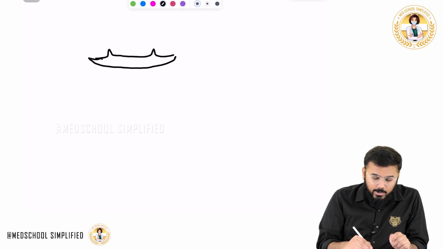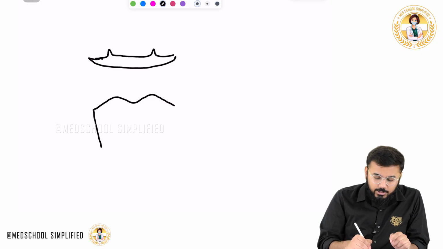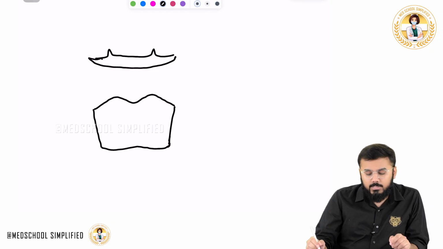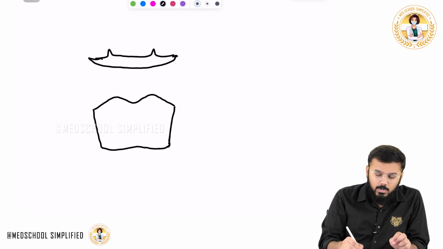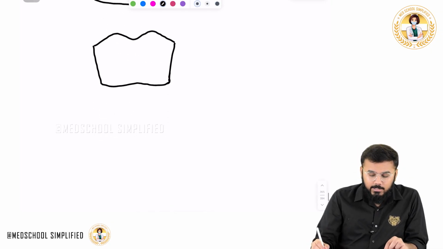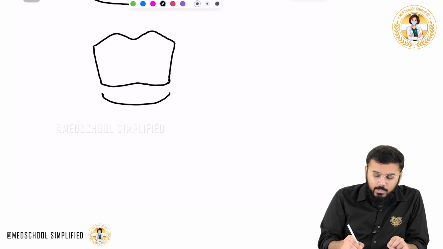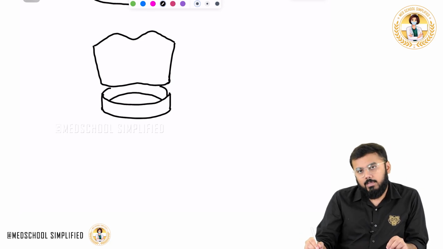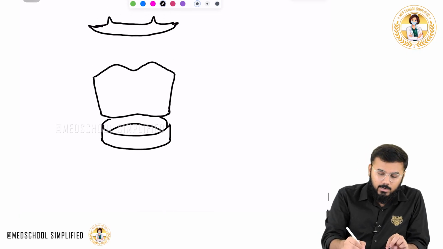Now, beneath your hyoid bone, you have a cartilage which is shield shaped. This shield-shaped cartilage is called your thyroid cartilage. And just beneath your thyroid cartilage, you have a ring-like structure like this, which I am drawing right now. This is called your cricoid cartilage.